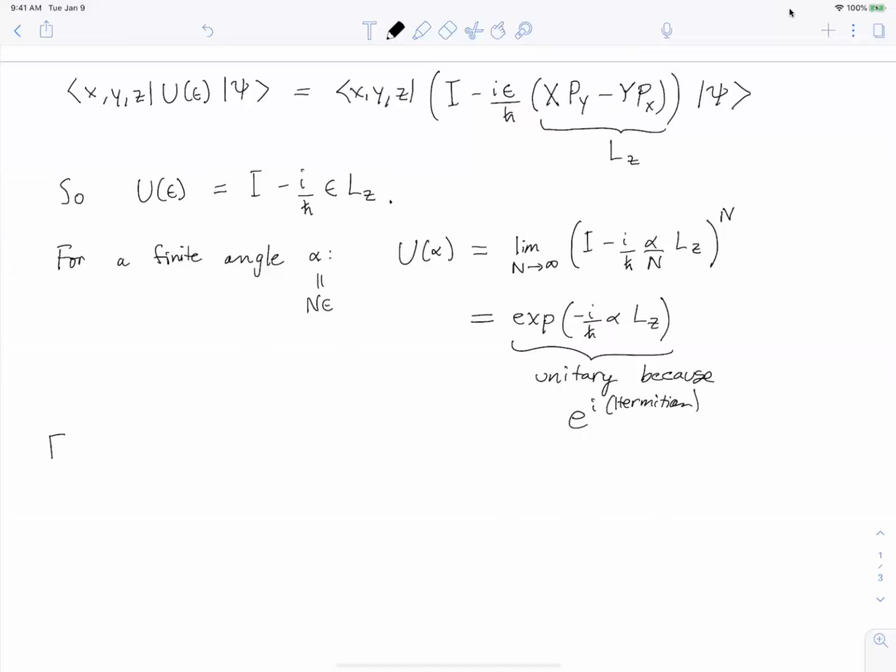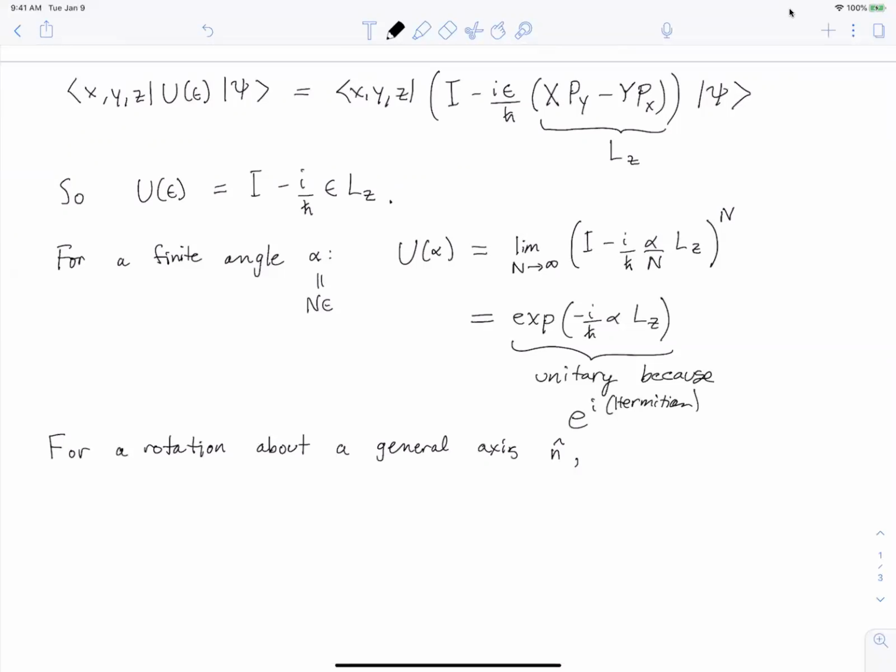And now for a rotation about a general axis, everything's going to be the same. Well, the derivation I just did will be a little more complicated, but the result will be the same. So let's call our general axis of rotation n hat.